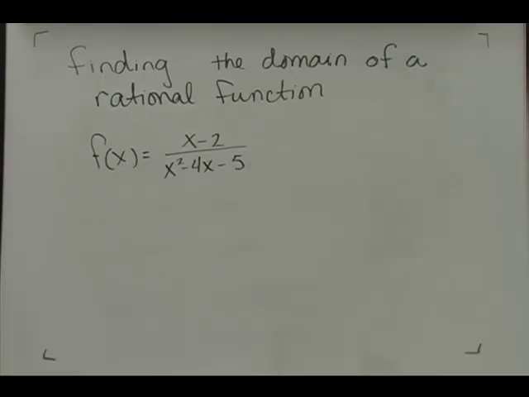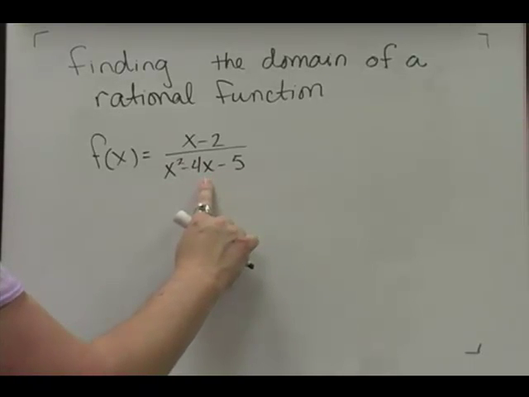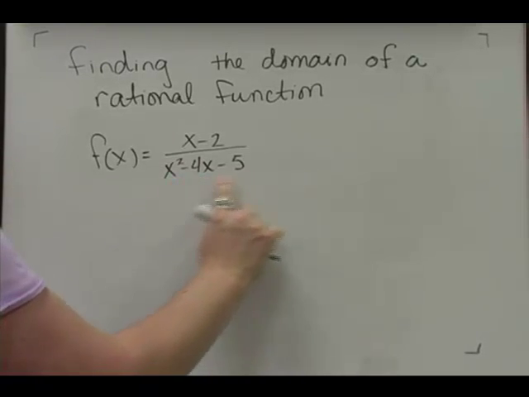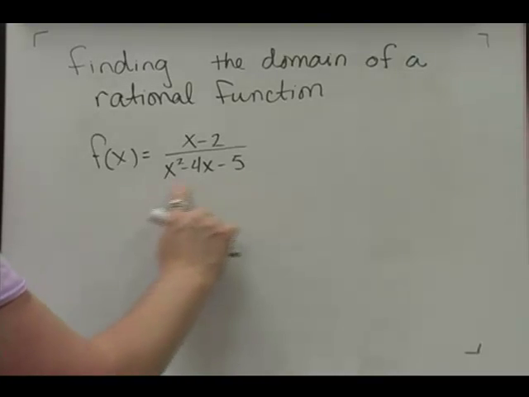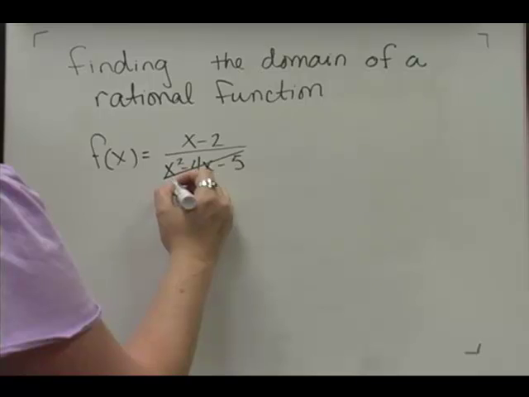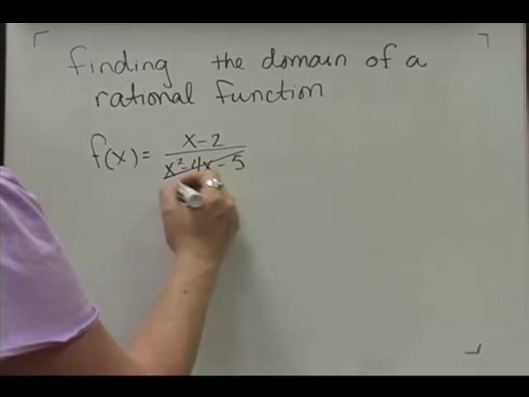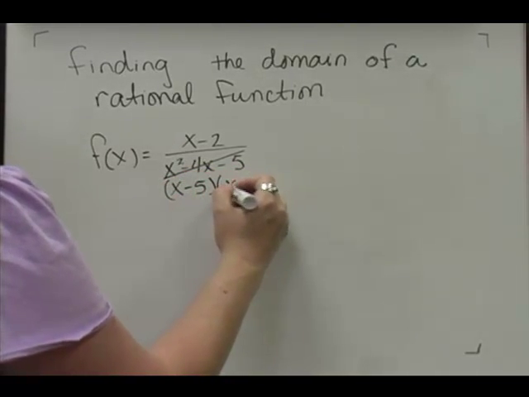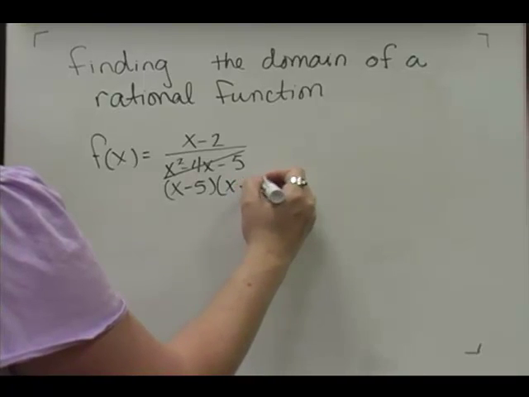Now right now I've got to decide what values in the denominator would make this 0, because that's what x cannot be. Those are my restrictions. At this point I can't always clearly see what it is, so I have to factor this. So I know that this factors into x minus 5 multiplied by x plus 1.